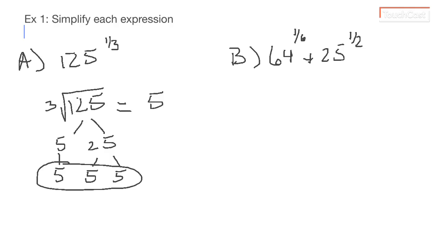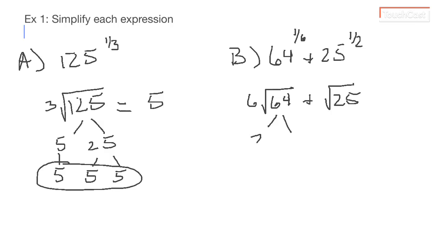We could also use a calculator to figure this out. But let's look at B. We're looking at the 64 to the 1/6, which means we're looking for the 6th root of 64 plus 25 to the 1/2 means we're looking at the square root of 25. 64, let's break that up.